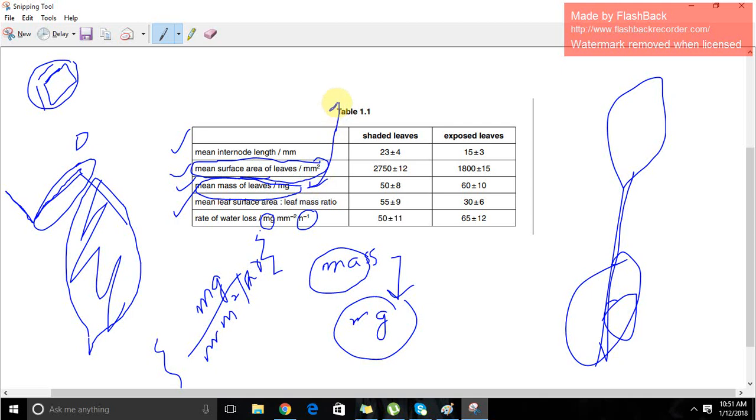So you would get a different value of mass because the water would have transpired in this period because of the stomata still being open. So then you would take the difference between the initial and the final masses for each of the 30 leaves from each side of the plant.